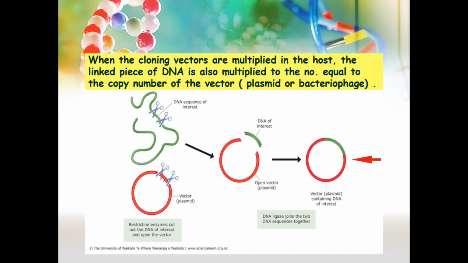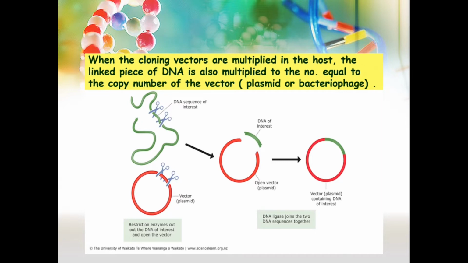So this is recombinant DNA in which plasmid DNA is there, which is acting as vector, and our gene of interest is ligated. This recombinant DNA is used to transform the bacterial cell. They are taken up by the bacterial cell when we add them in the bacterial culture.